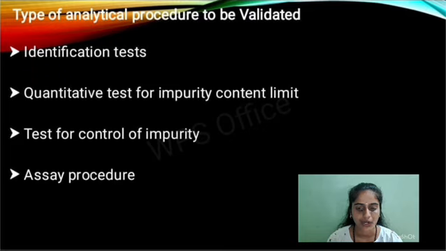Test for control of impurity: it is the quantitative or semi-quantitative method used to identify and control small amounts of impurities. Assay procedure: it is the quantitative test of the active in a sample of a drug substance or product.